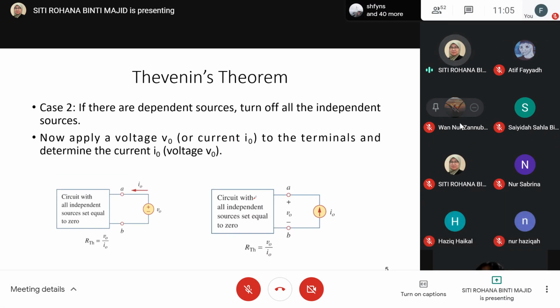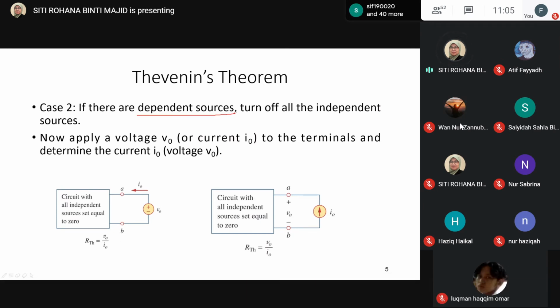The second case is when we have a dependent source. For this, we remove all the independent sources, and then we can plug in a value of V naught or I naught, depending on the question, to the terminal. If you set a V naught, you should determine the I naught.